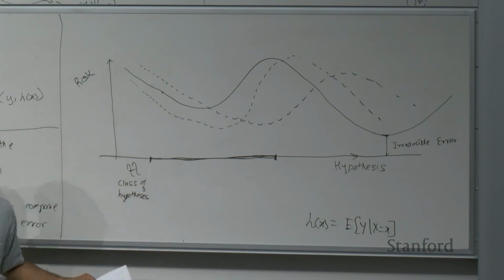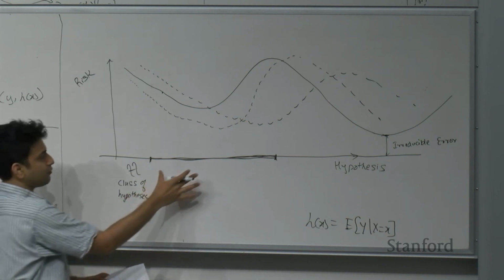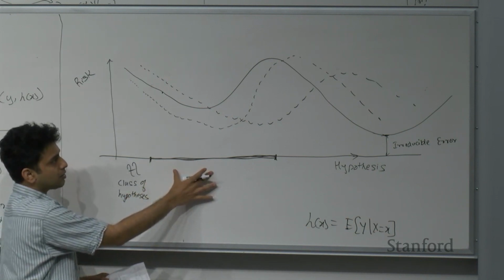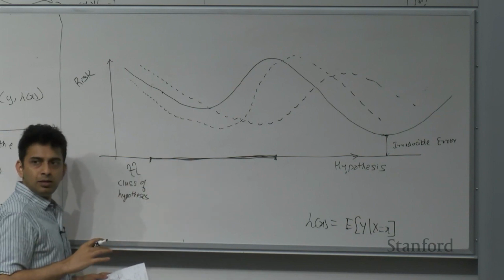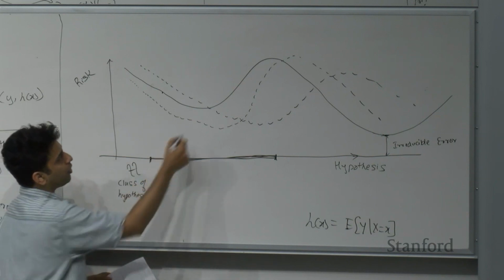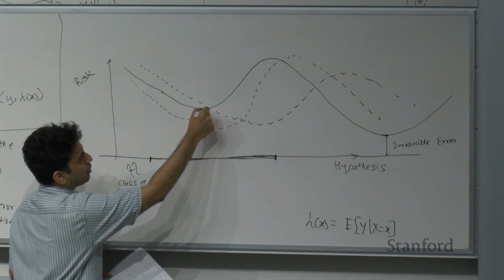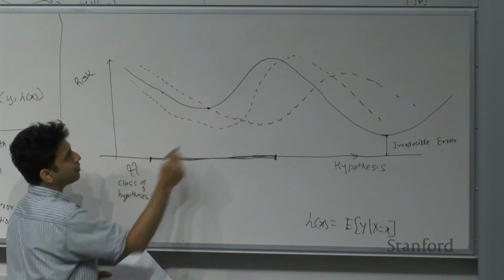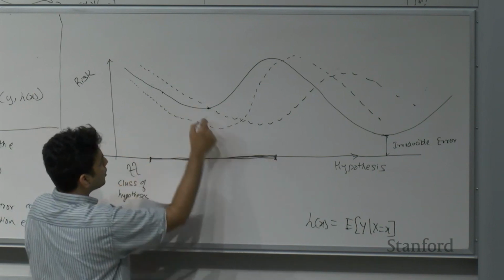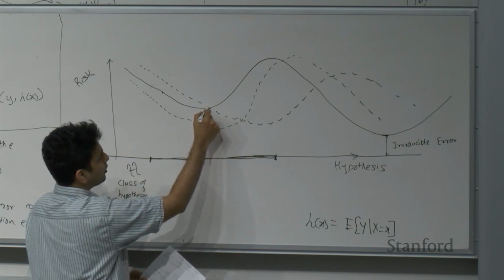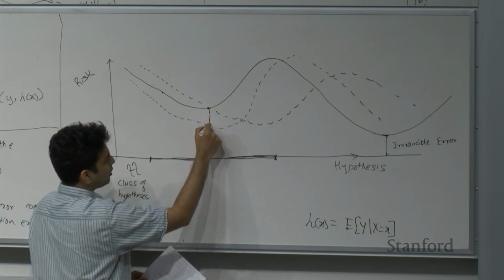And what we then see is that within this class of models, the best possible risk that we can hope for is found here. So this is the point within the class of models that minimizes the risk the most. And here I'm talking about the true risk, not the empirical risk.